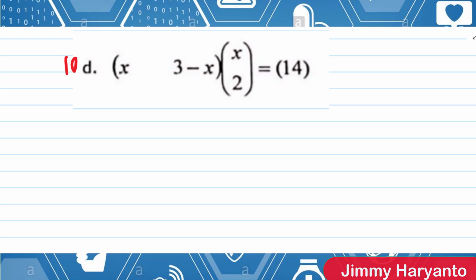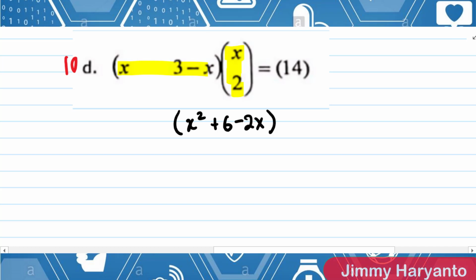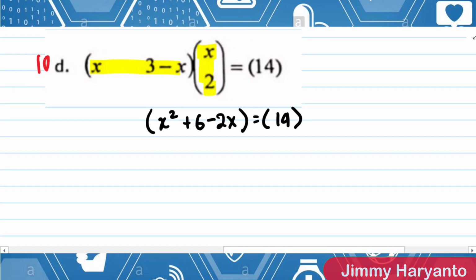Next is 10D. For 10D, we have to multiply it like this. So we will get x squared plus 3 times 2 equals 6. 2 times negative x equals negative 2x equals 14. It's still a matrix.